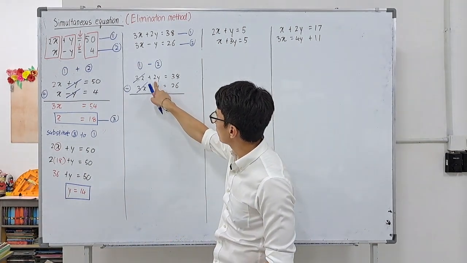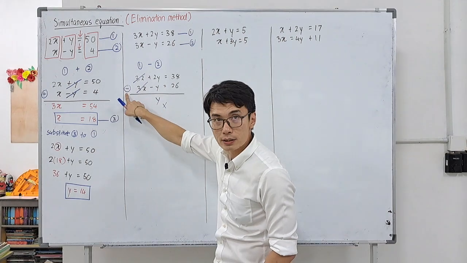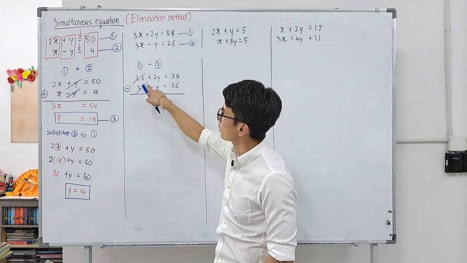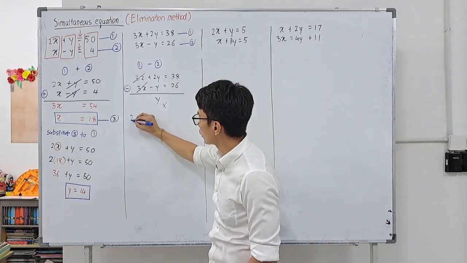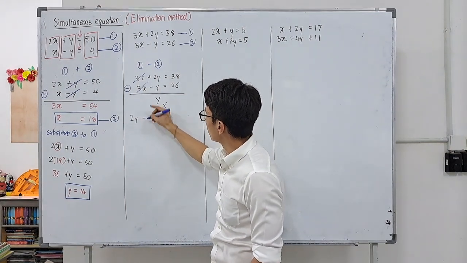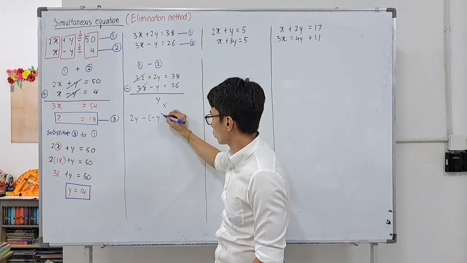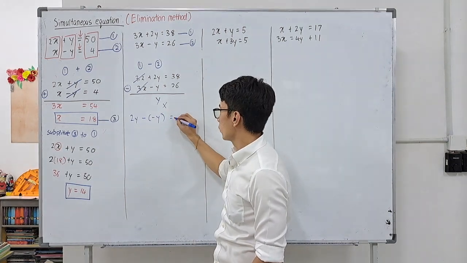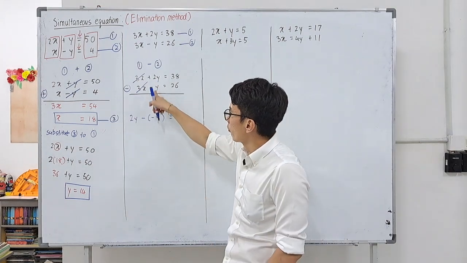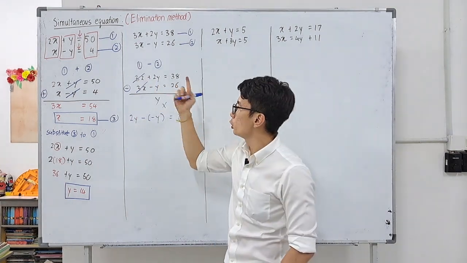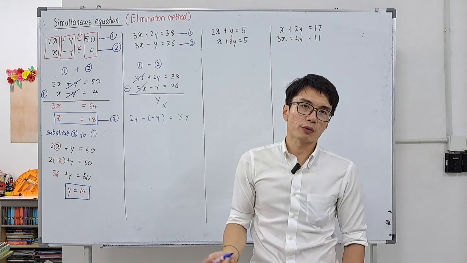Because what's happening here? This is 2y minus y. It is equation 1 minus equation 2. So this is basically written as 2y minus negative y. It is written like this. So this will actually give me 3y. Okay, so please be very careful when you do this part, because this is usually the part where students will make a lot of careless mistakes.